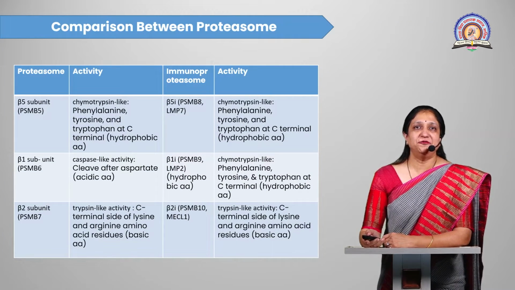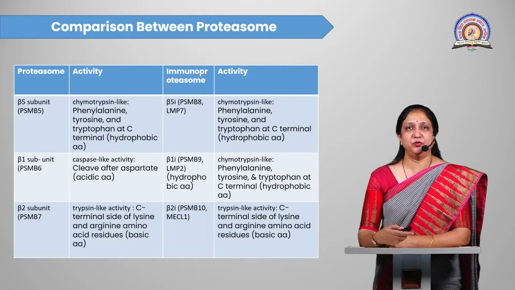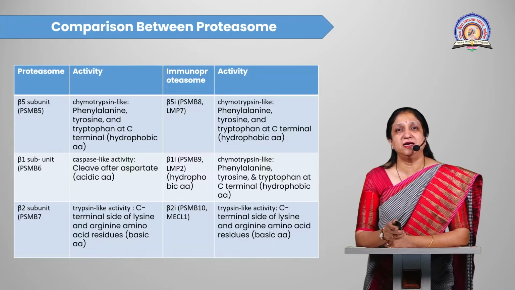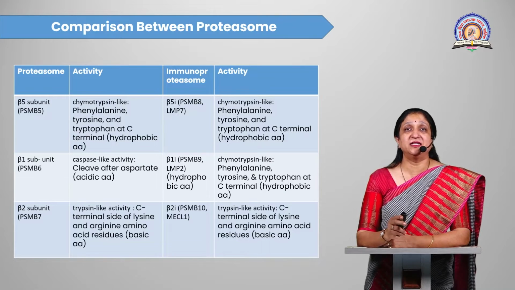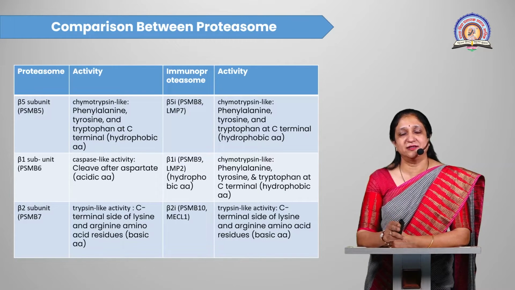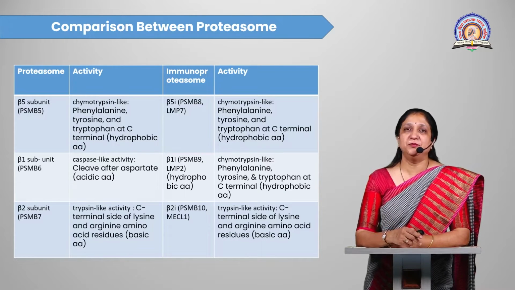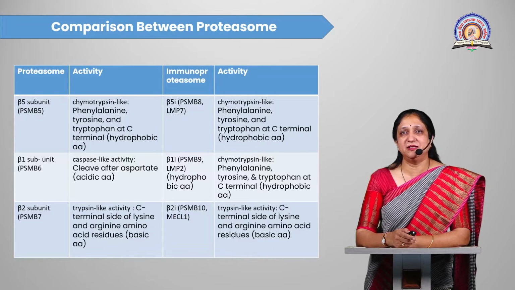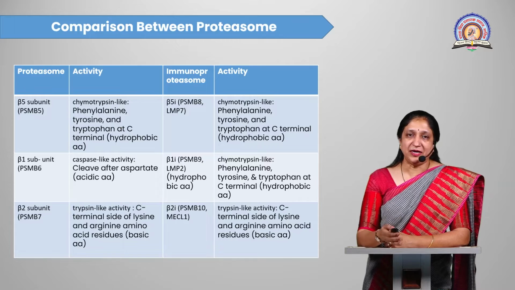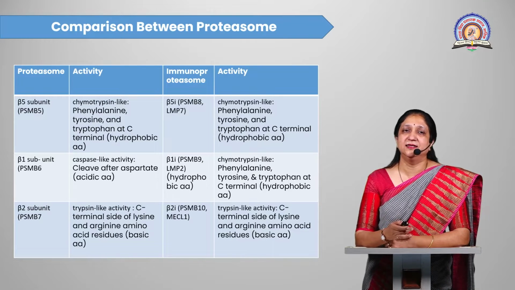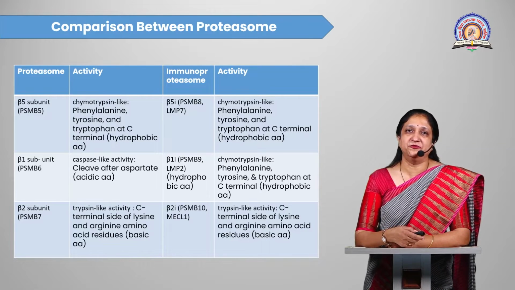The function of these catalytic subunits is to degrade the antigenic peptides or the proteins at specific sites in the structure of the protein. The beta 5 subunit of the proteasome has a chymotrypsin-like activity. That means it has an ability to cleave the amino acids phenylalanine, tyrosine, and tryptophan at the carboxy terminal end.